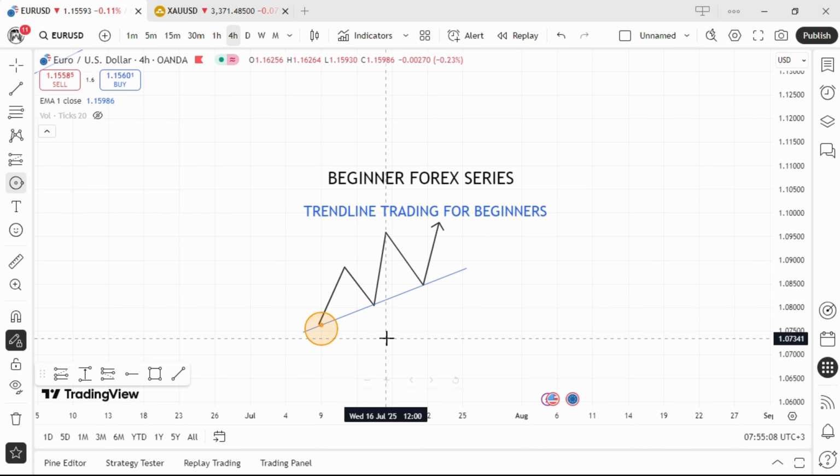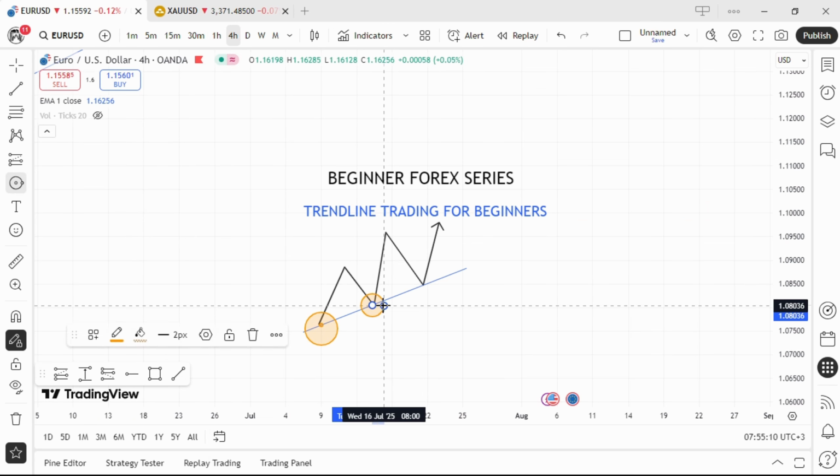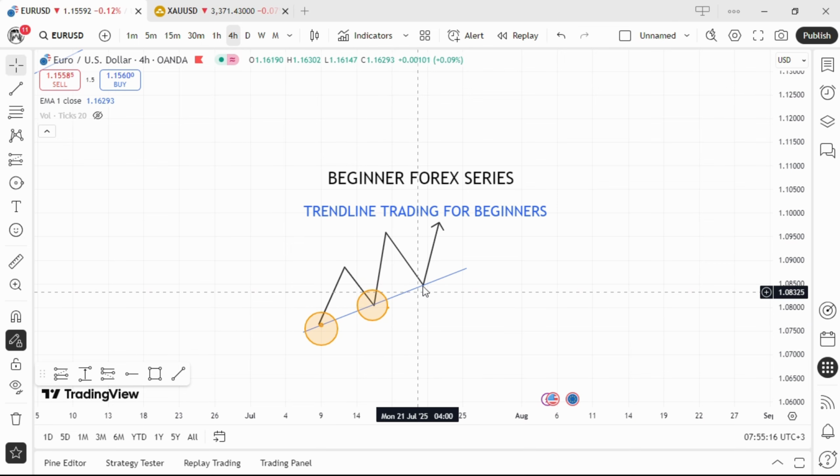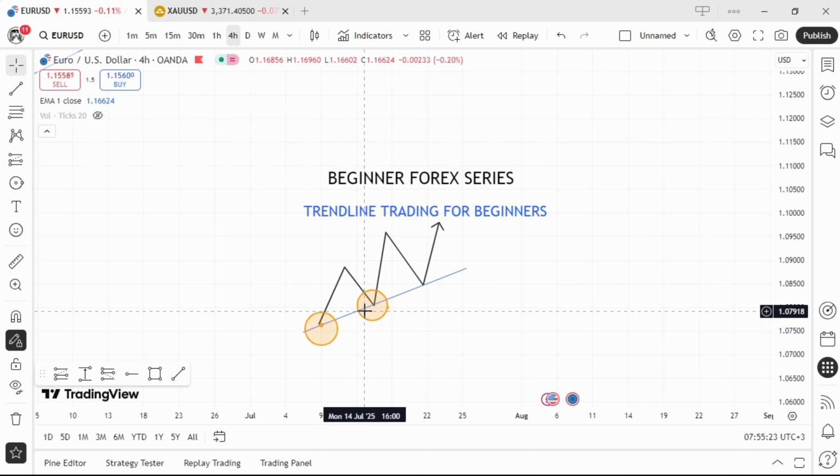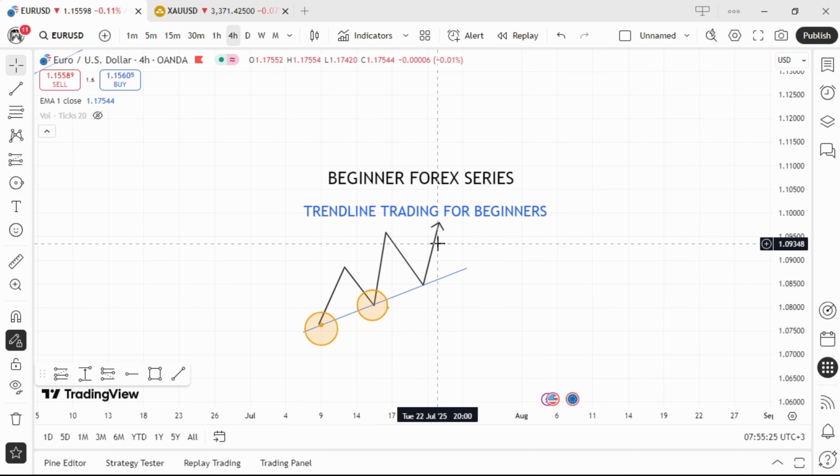And this being the second touch. Then on your third touch you take the trade. So your first touch is here, the second touch is here, the third touch you enter.